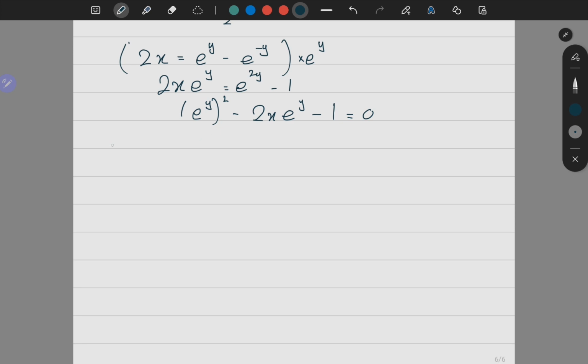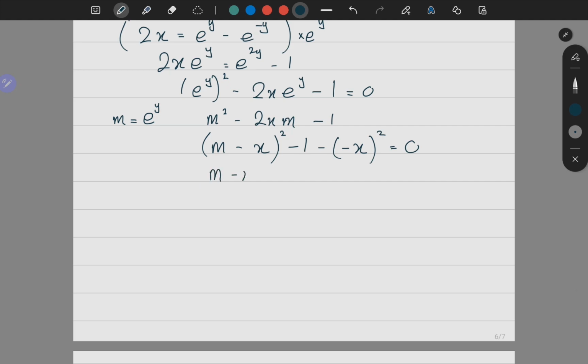If you want, you can rewrite this. Let's say m equals e to the y. So that will be m squared minus 2xm minus 1. So we can do m minus x, all squared, minus 1 minus x squared, and that's still equal to 0.